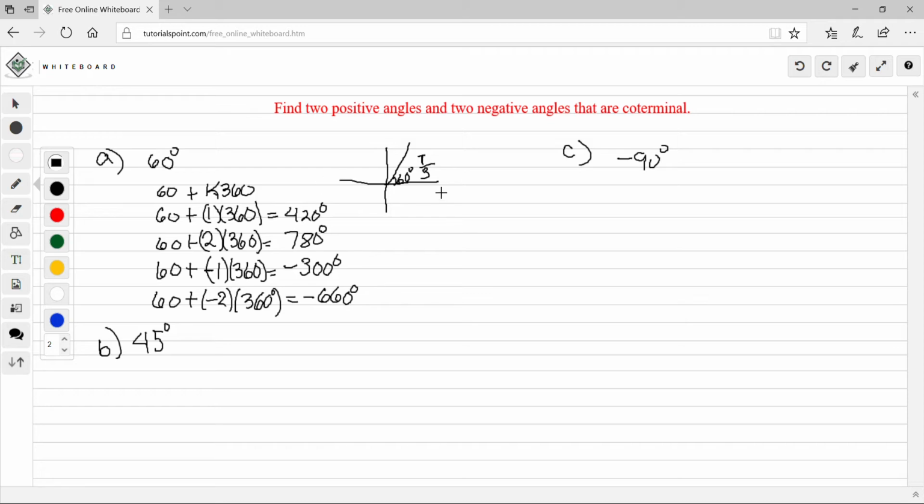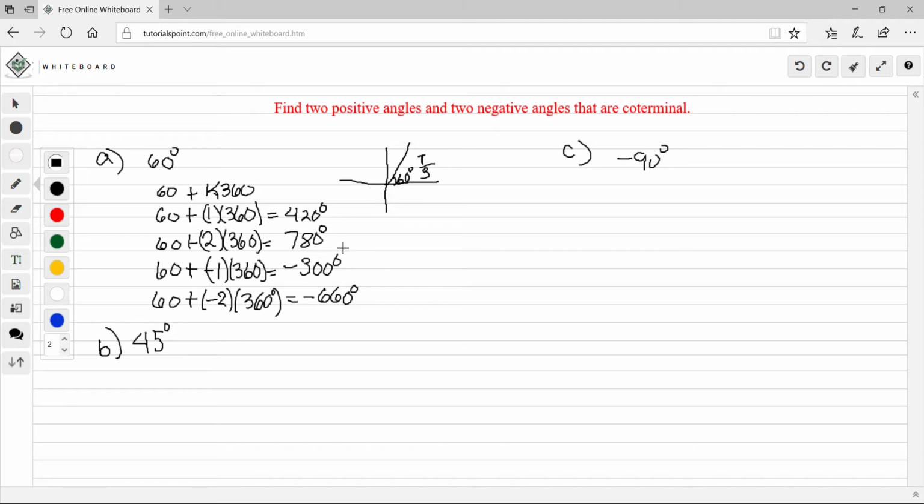If you can see it, we are going around the circle once, so that's 360, and then you add another 60, and that's how you get the angle 420. The same here: we go around the unit circle twice, 1, 2, and then you add another 60. That's how you get 780.